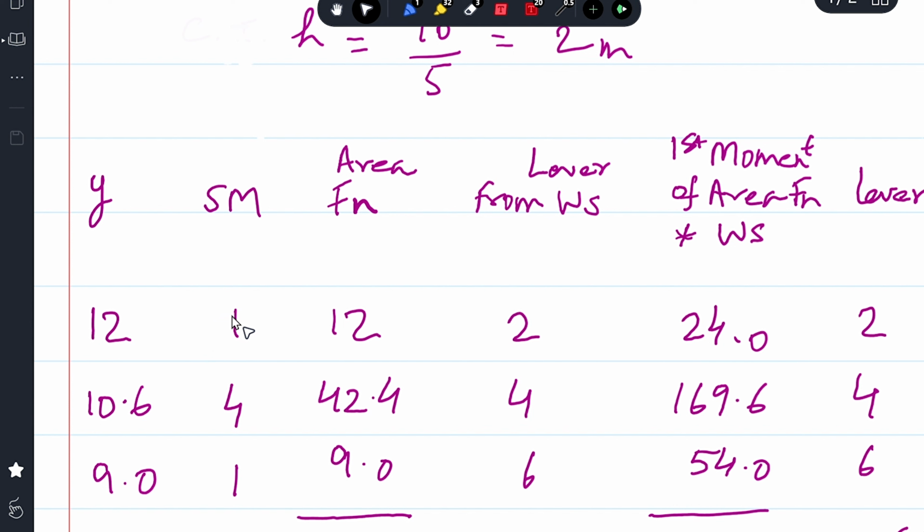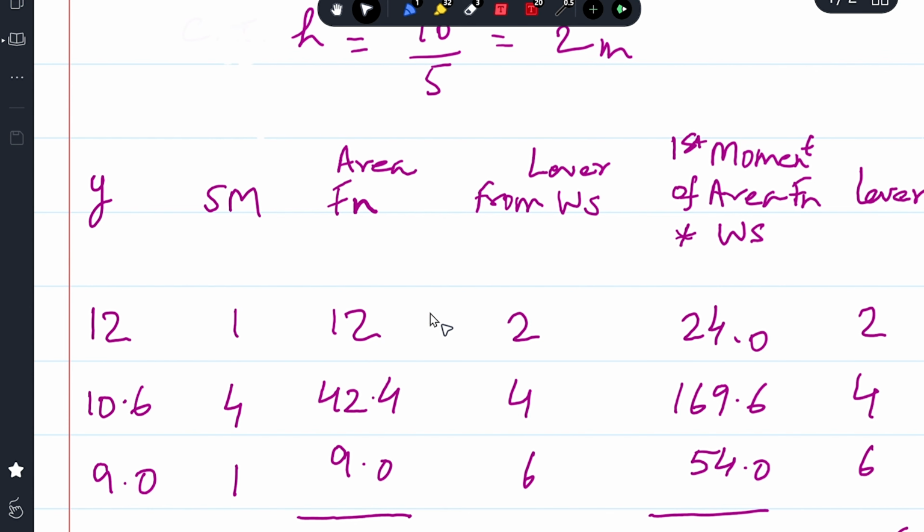So Simpson's multiplier 1, 4, 1, we get the area function by multiplying the ordinates with the Simpson's multiplier: 12, 42.4 and 9. Then I'm taking levers from the water surface. The first ordinate, which is the tank top, has a value of 12 meters.